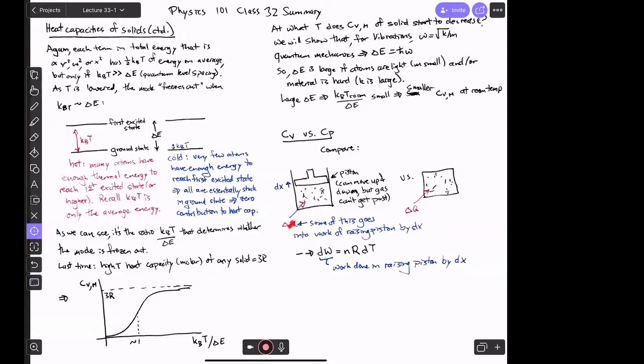So some of the heat that we put in goes into the work that's done against the piston, whereas here, all of the heat goes into raising the temperature of the gas. We're in the midst of computing the work done against the piston, and using the ideal gas law, we showed that dW equals nR dT last time, but we're not quite done using this to find what CP is. So questions about any of that?